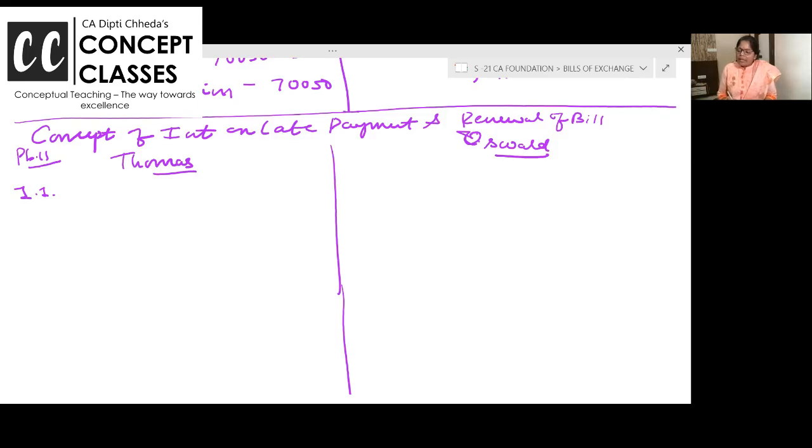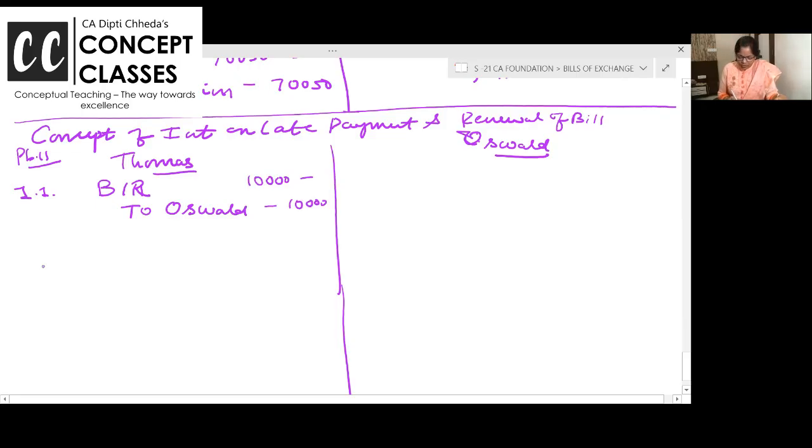In Thomas's books, first on the due date, 1st January, bills receivable to Oswald 10,000.